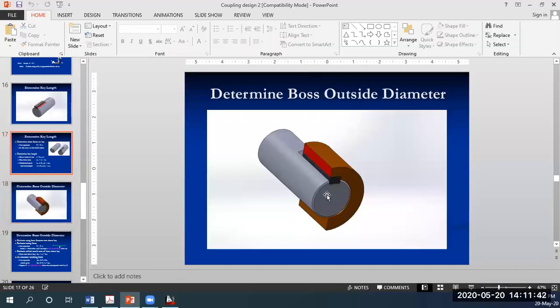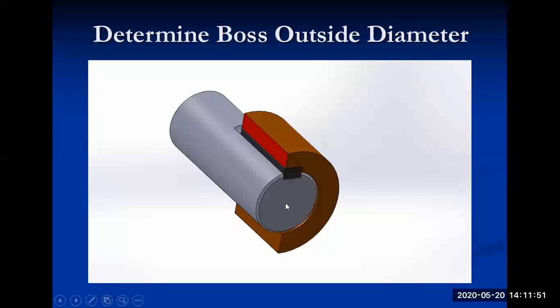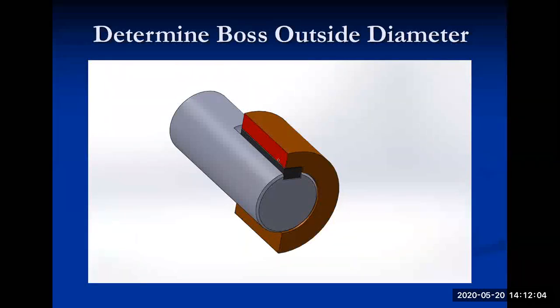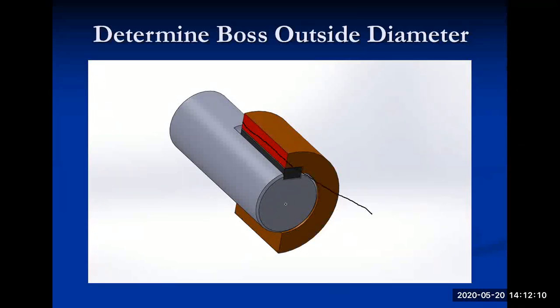Okay, what I'd like you to do is, from the midpoint, from the center of the shaft to the midpoint of this, right, wherever I made that mark. Okay, let's see.